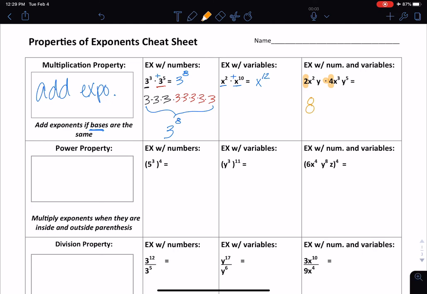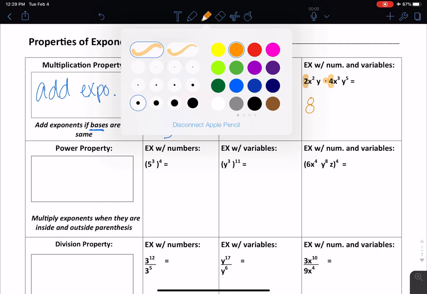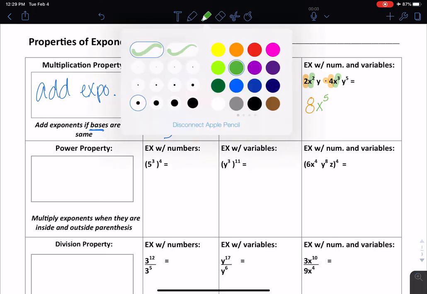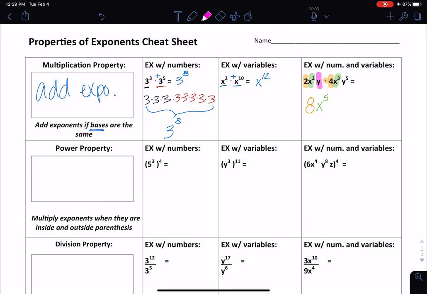Okay, then I'm going to do my x's. And just like my rule, I'm going to add the 2 and the 3 to get x to the 5th. And then lastly, I'm going to do my y's. And it's important to note that if a variable or a number doesn't have an exponent, there's really a 1 right there.